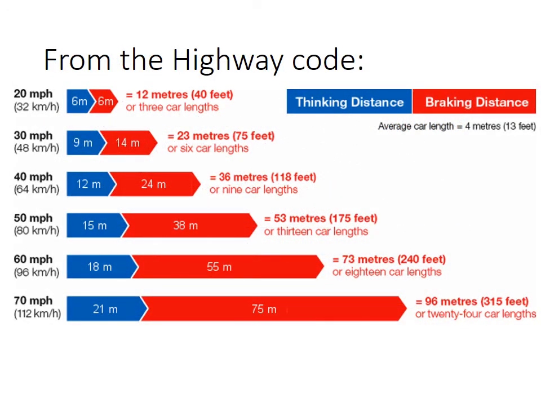Right, so I'd like you to have a look at this data. When you learn to drive, one of the things that you'll have to look at and learn about is the highway code. This is an image taken from the highway code, and what we've got is different speeds, from 20 up to 70 miles an hour, and then the distances that the car travels during thinking distance and braking distance represented in two different colours.